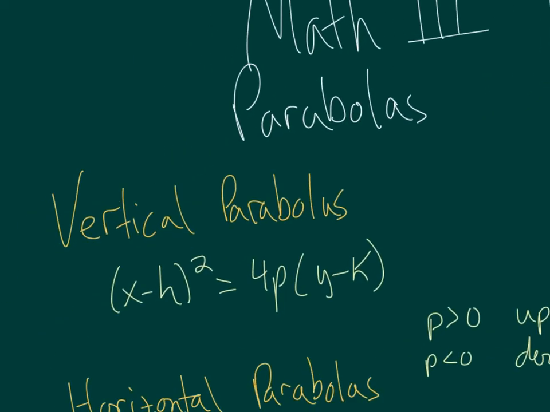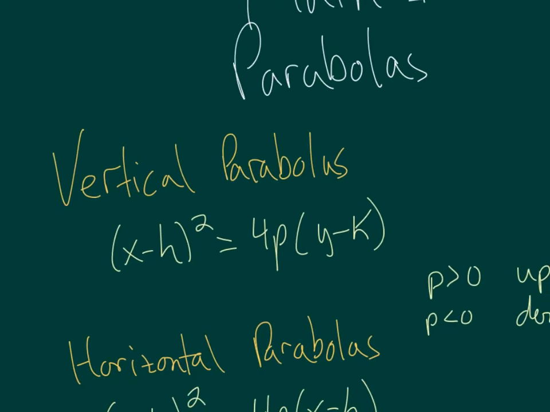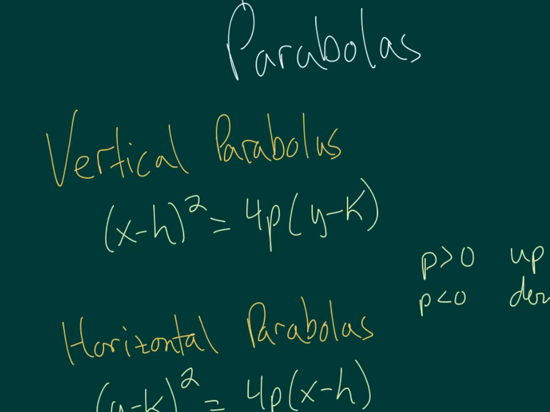Okay, so in class we learned about two types of parabolas. We've got the vertical parabolas that go up and down. We can rewrite those in this format: x minus h, quantity squared, is equal to 4p times y minus k.